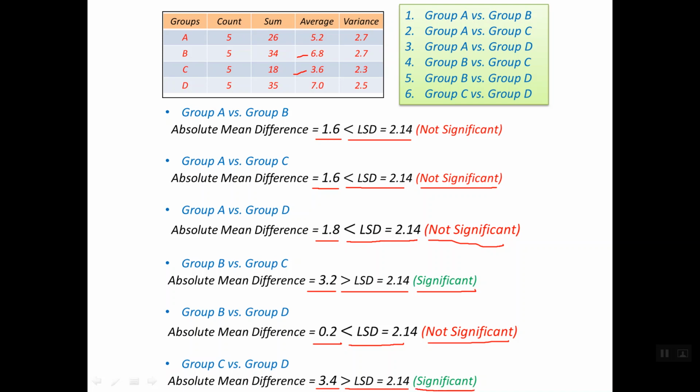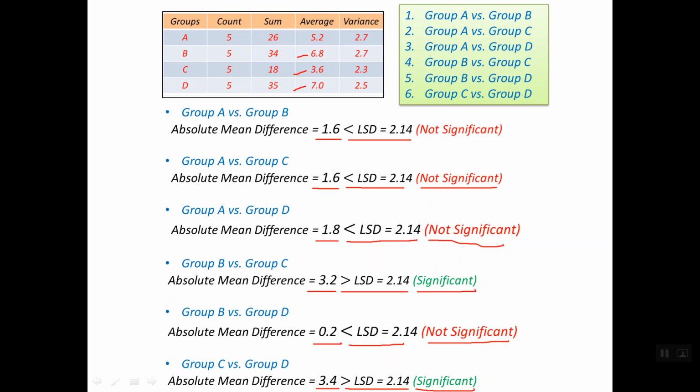So in this case, we have a significant difference between the mean of group C and the mean of group D, which means that the mean for group C is not the same as the mean for group D. And if we check the table above, the mean for group C is 3.6, while for group D it is 7.